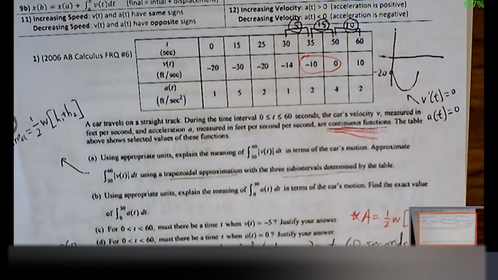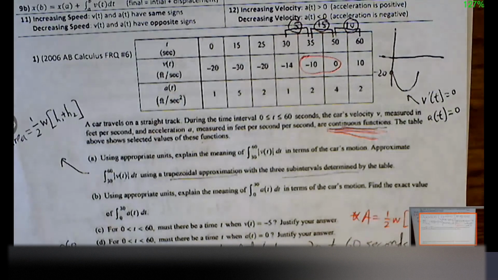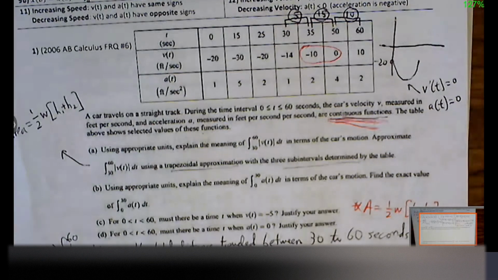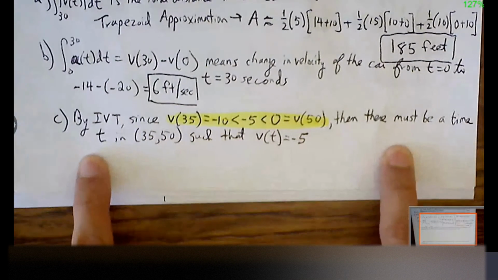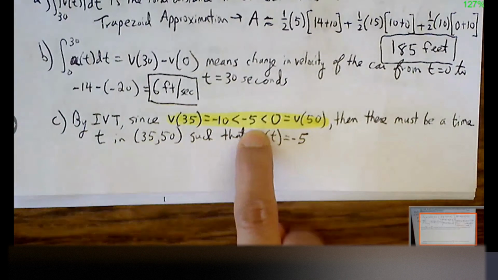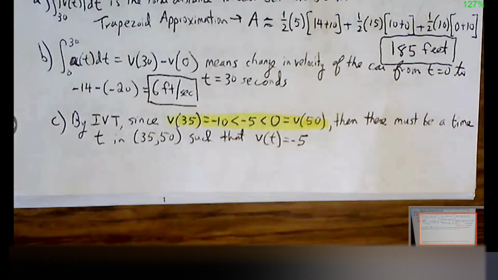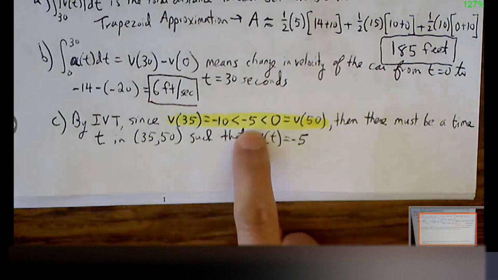So if you're just reading a table and you don't see the number in front of me, but I see a number below and a number above, I'm just going to conclude that it's got to at least cross through at some point. If I'm just relying on a table of values without having to look at the derivative or integral, then I can rely on IVT. So I can say that -5 falls safely between -10 and 0. I know it's a continuous function, so my velocity is going to travel between those two numbers, so it's going to have to cross through -5.